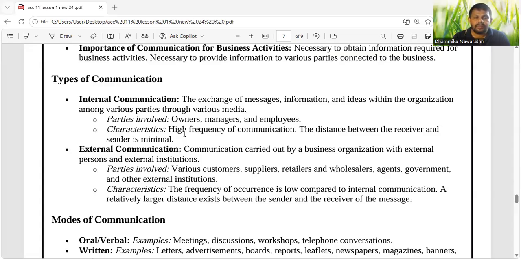That means they communicate many times, all the time, and the distance between the receiver and the sender is minimal. For external communication, the parties are various customers, suppliers, wholesalers, agents, the government, and other external institutions. It does not occur as frequently as internal communication, and more distance can be experienced between them.